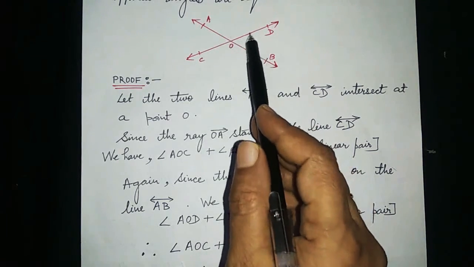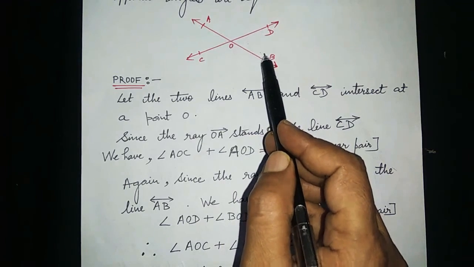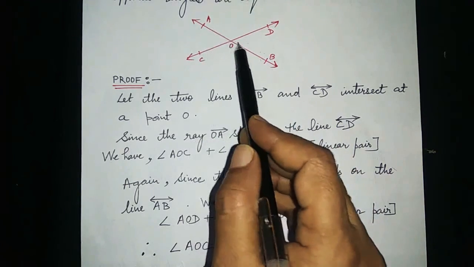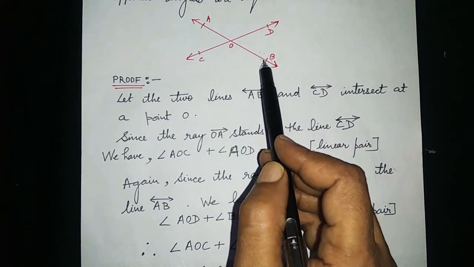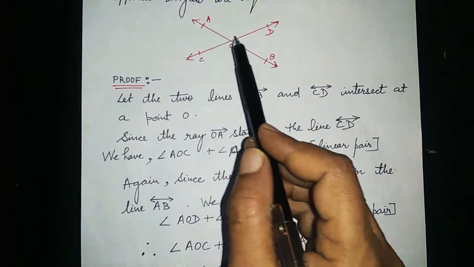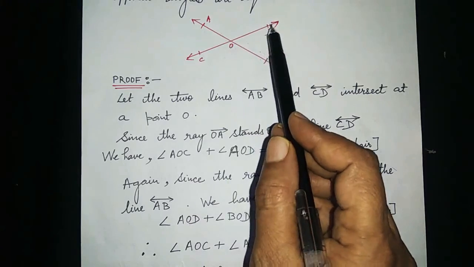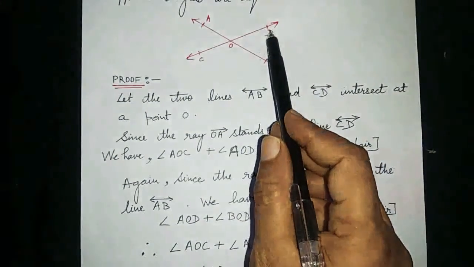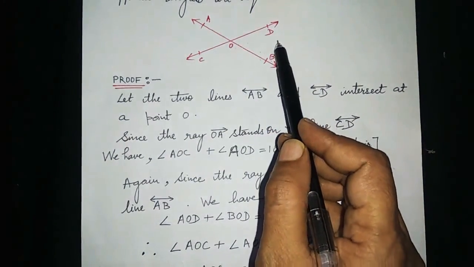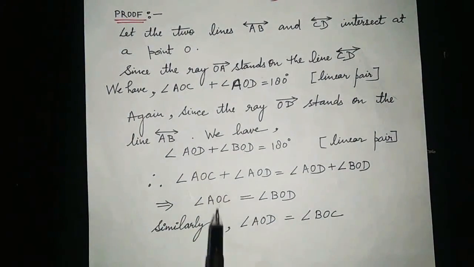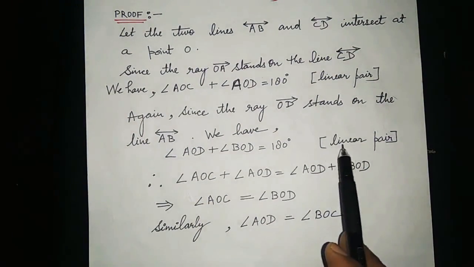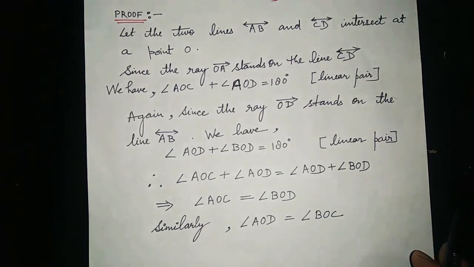So they are a linear pair, because rays OA and OB both are in opposite directions. Clear? So here you can write angle AOD plus angle BOD is equal to 180 degree, and in bracket you will mention linear pair.